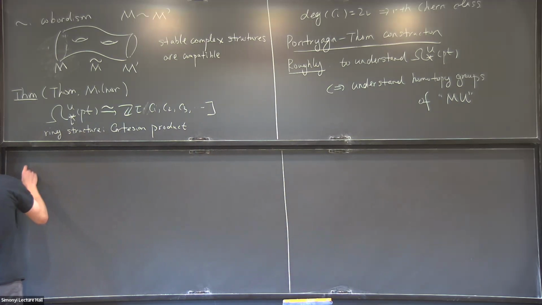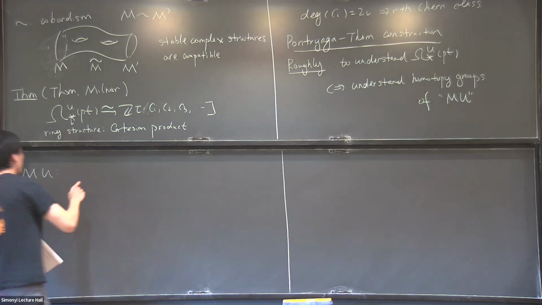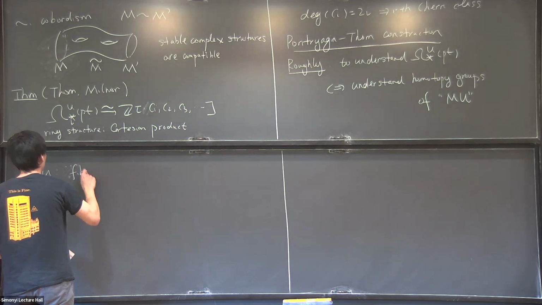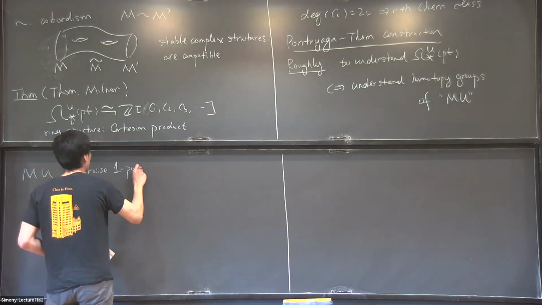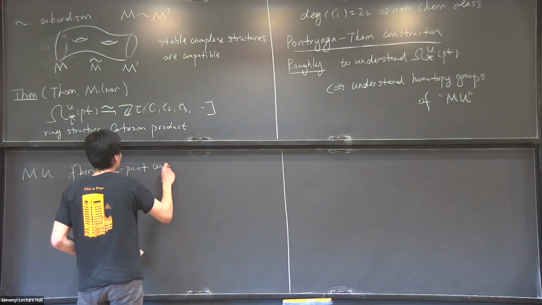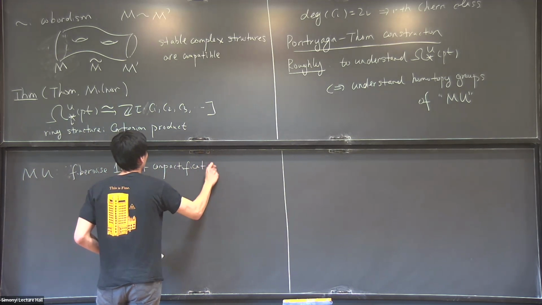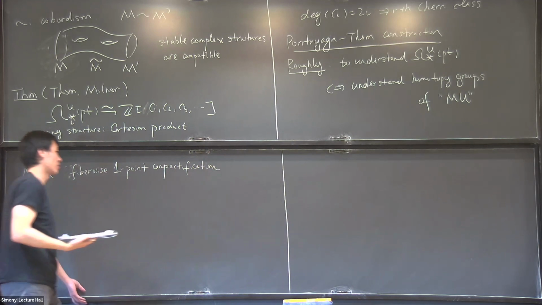And this MU more or less comes from the Thom space, the fiberwise one-point compactification of the tautological bundle over the classifying space of complex vector bundles.